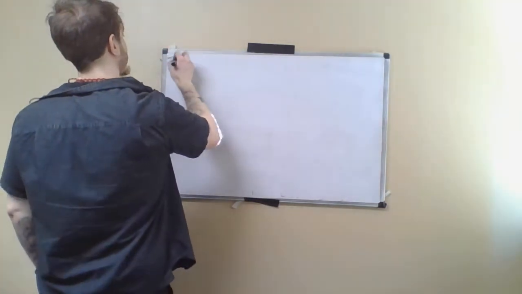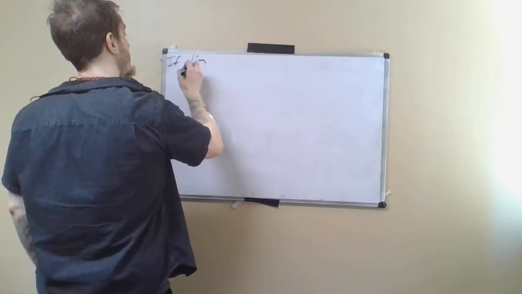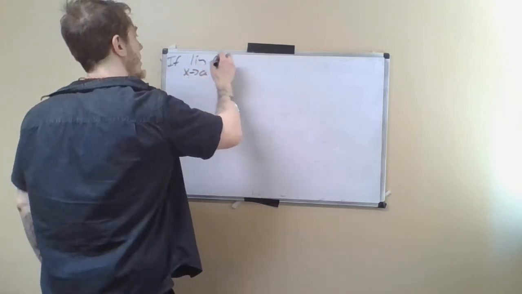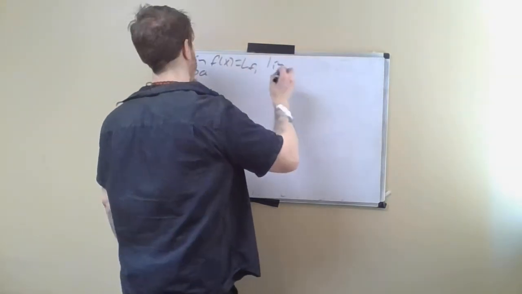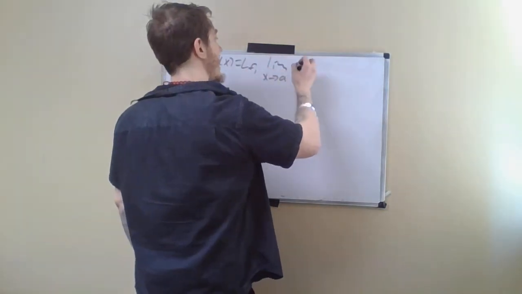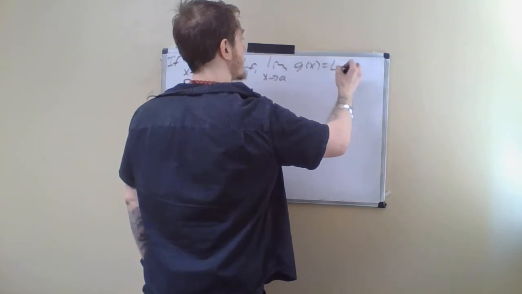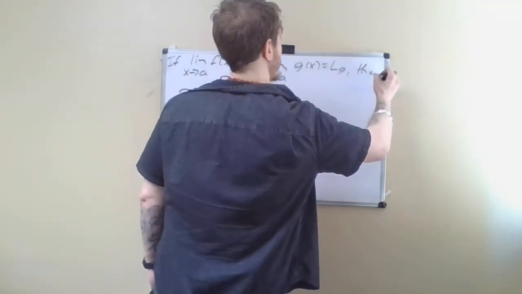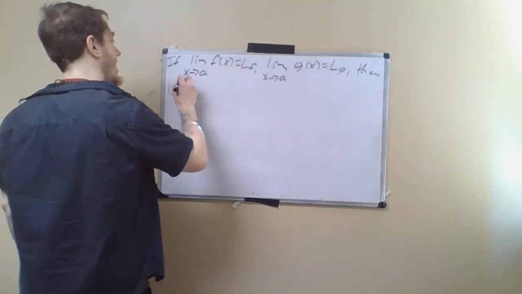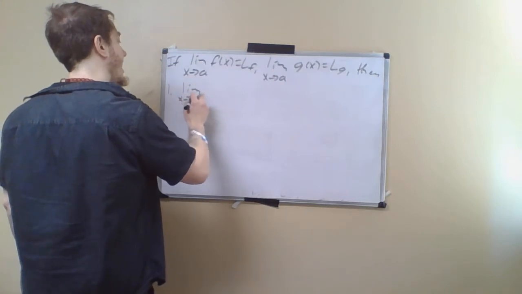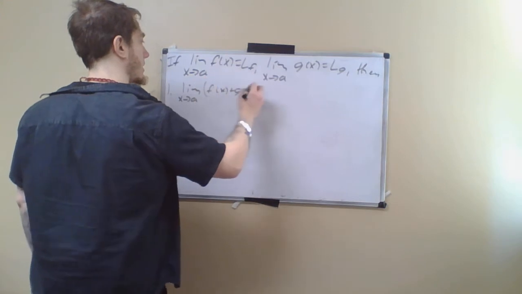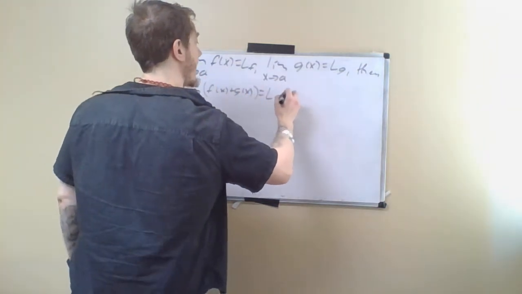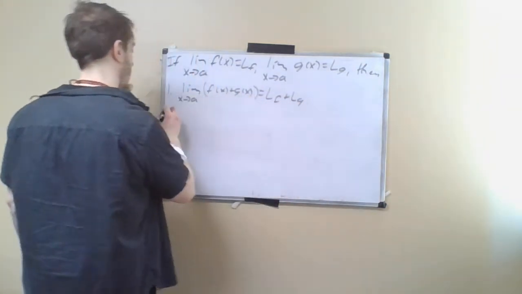So, if the limit as x approaches a of f of x equals LF, and the limit as x approaches a of g of x is equal to LG, then what we just established is that the limit as x approaches a of f of x plus g of x is LF plus LG.